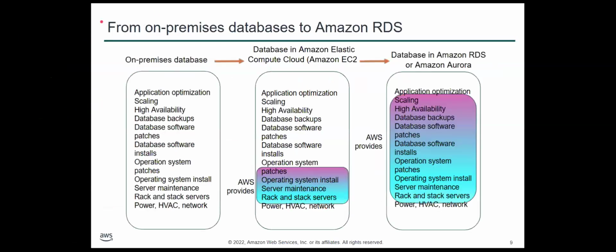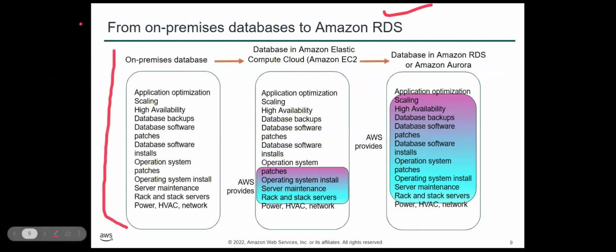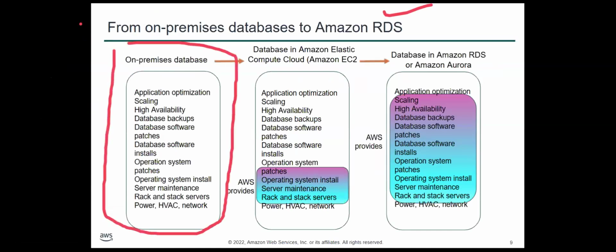Now, what is the advantage of taking RDS when we already have EC2 and on premises? On premises is nothing but your physical server. An on-premises database is nothing but your physical database server.